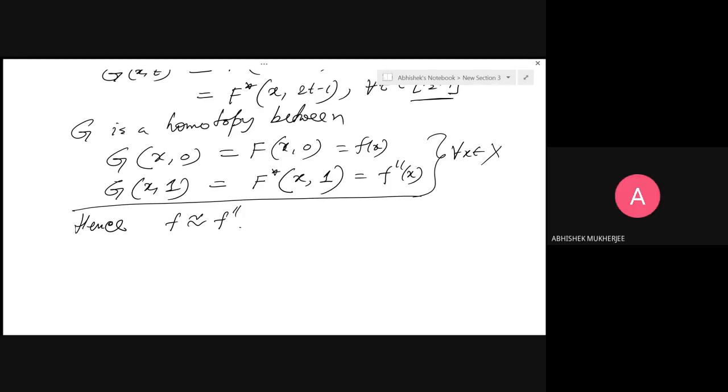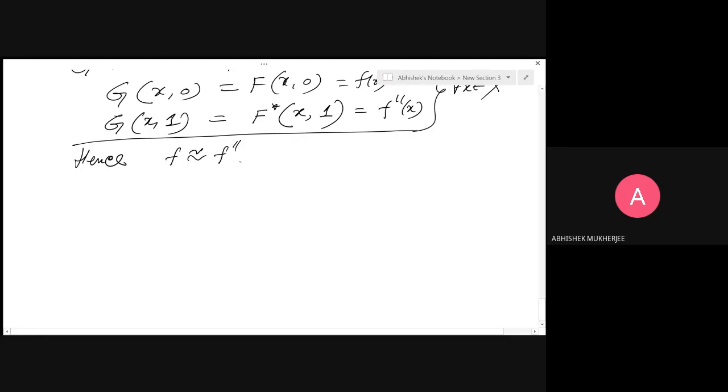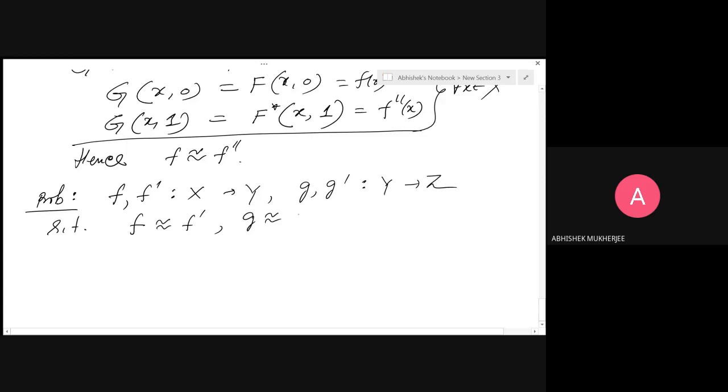Okay. So now I need to pose a problem to you, which will help us in our further discussions. If you consider two maps f and f dashed from X to Y, and another two maps g and g dashed from Y to Z, these are continuous maps, such that f is homotopic to f dashed and g is homotopic to g dashed.